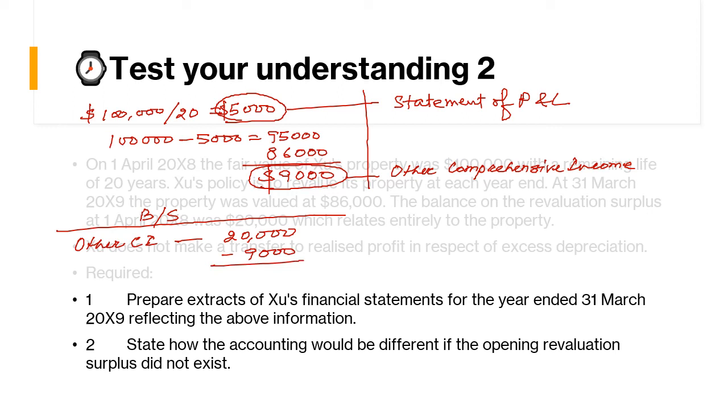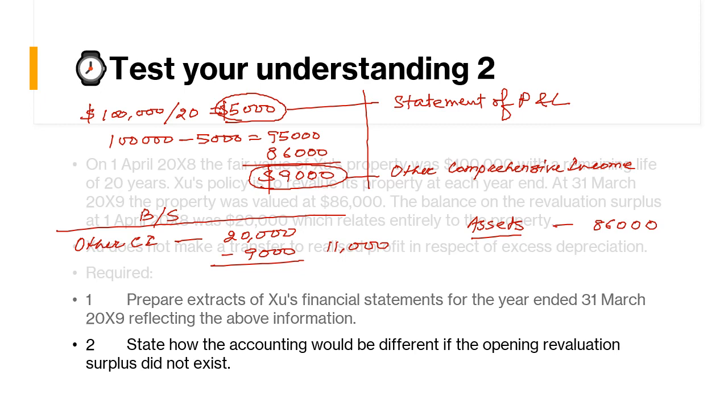So now the other comprehensive income will be 11,000, and the value of the asset will be 86,000. This is the asset value in the balance sheet, and this is the other comprehensive income.